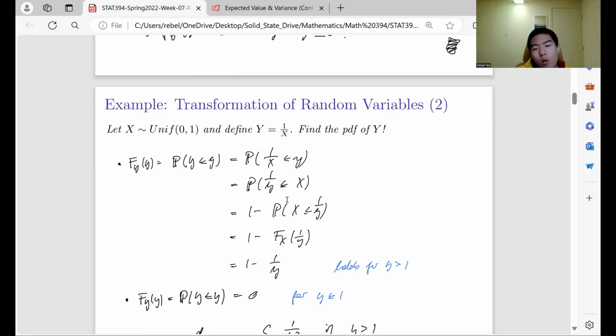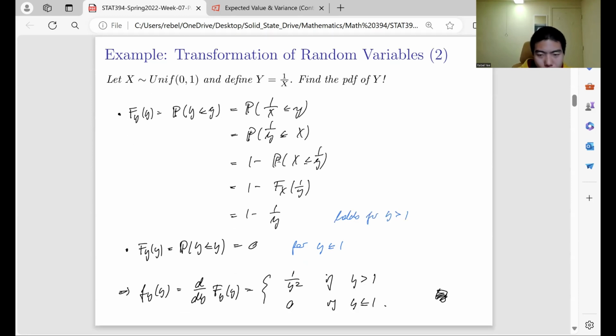That's intuitive, or we can use the theorem we studied before. Another question is why we can still use smaller or equal, not just smaller. This is because equality has zero probability based on the PDF's definition. So this is equal to the CDF of x at 1/y.